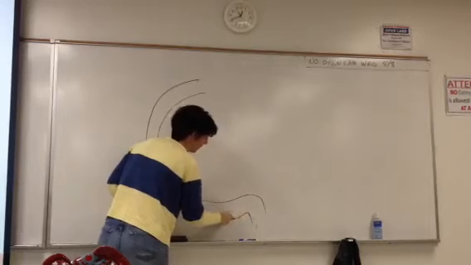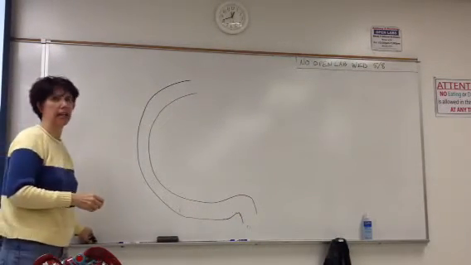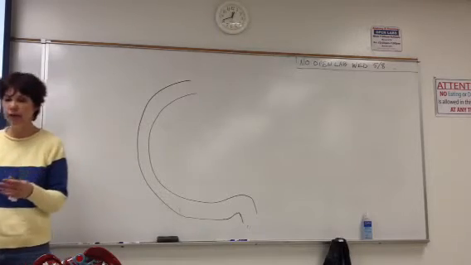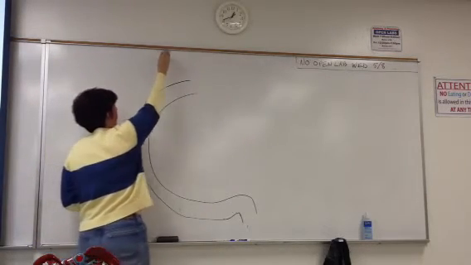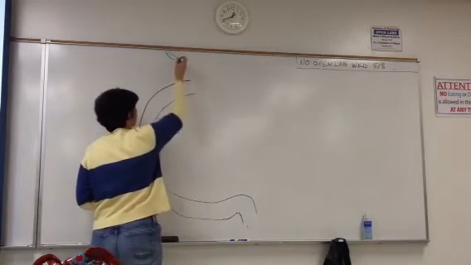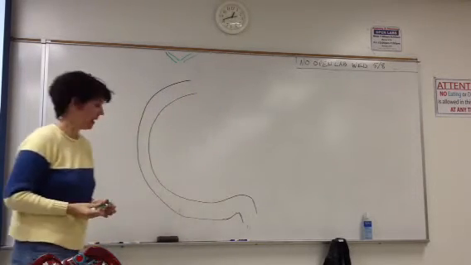All right, so coming down from the liver, the right and the left lobes secrete their bile, and that's drained from the right lobe via the right hepatic duct, and from the left lobe via the left hepatic duct.